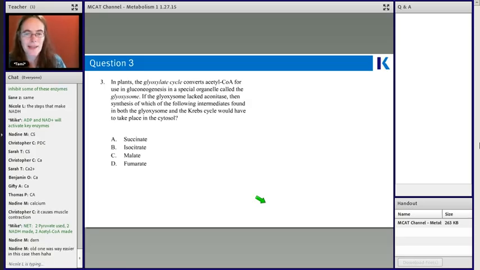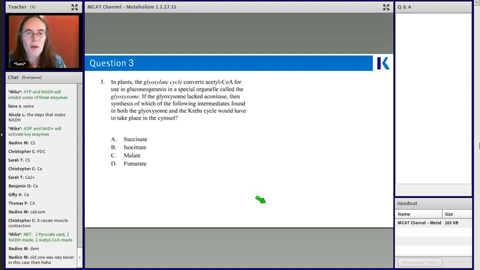In plants, the glyoxylate cycle converts acetyl-CoA for use in gluconeogenesis in a special organelle called the glyoxysome. If the glyoxysome lacked, it's always the one that I cannot pronounce, aconitase, the synthesis of which of the following intermediates found in both the glyoxysome and the citric acid cycle would have to take place in the cytosol?